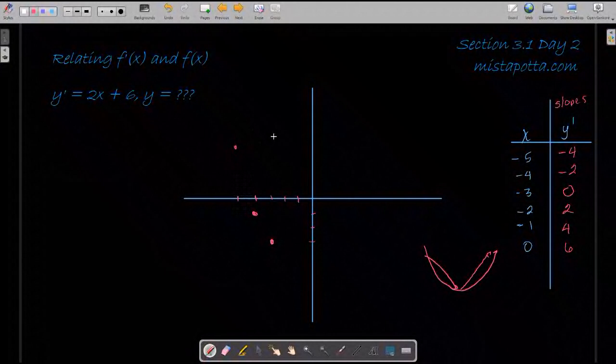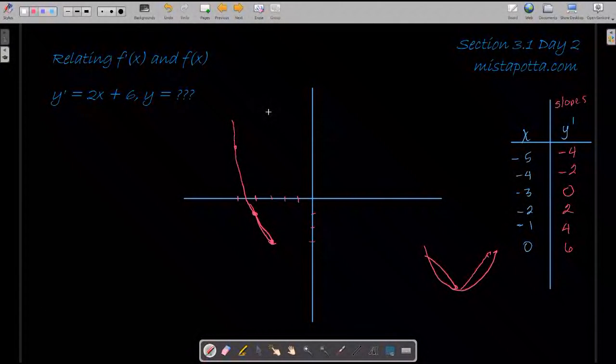And so I've got this curve where my graph is getting progressively less and less steep, tapering off here to a horizontal tangent at x equals negative 3, and now I'm ready to start increasing again.